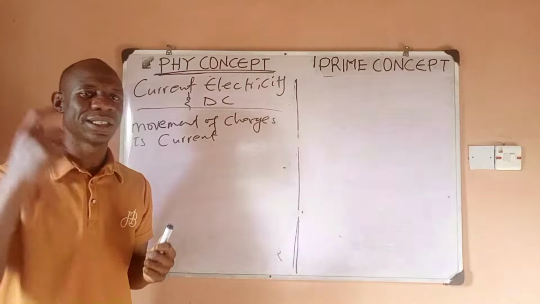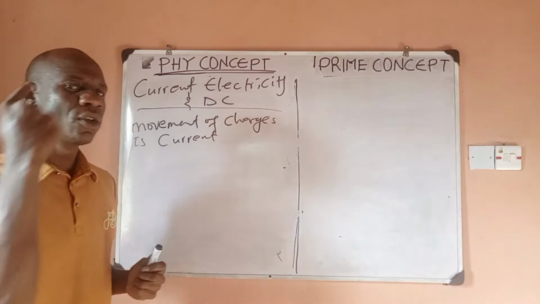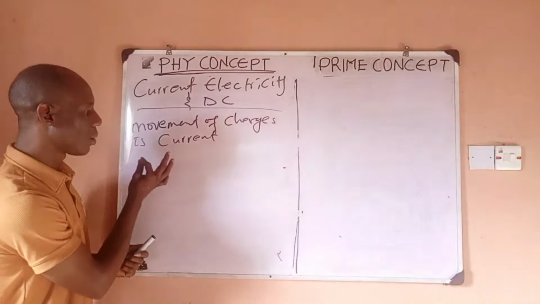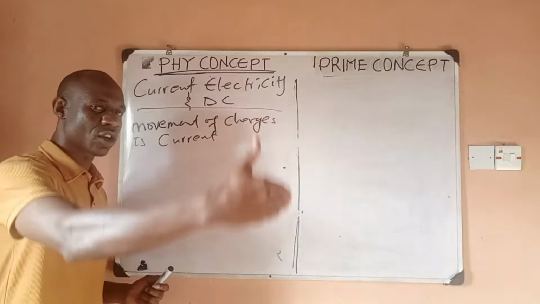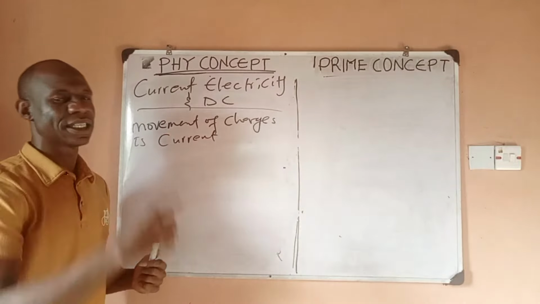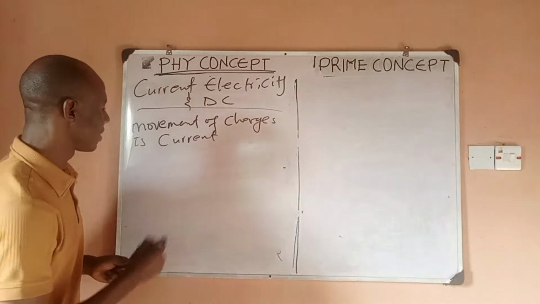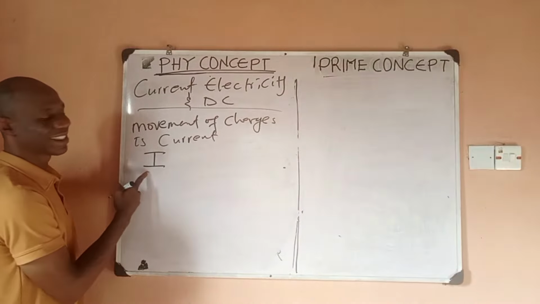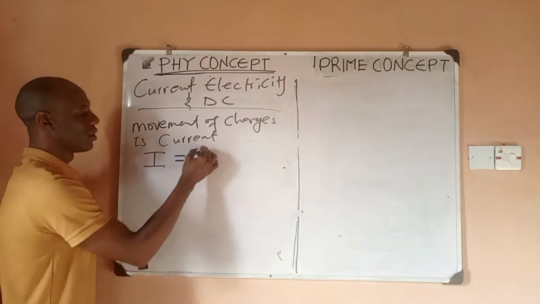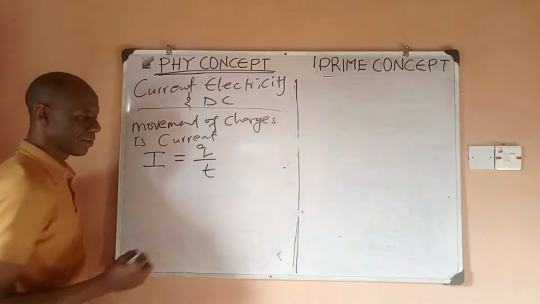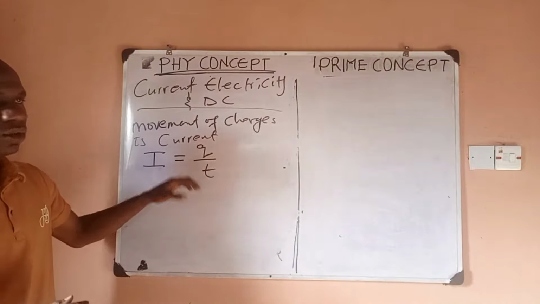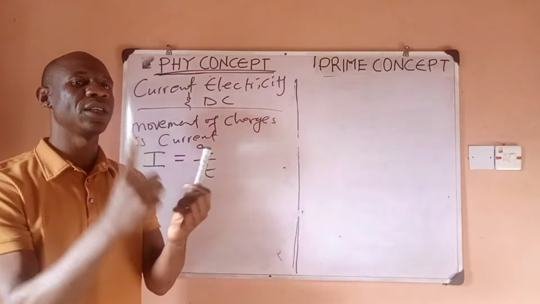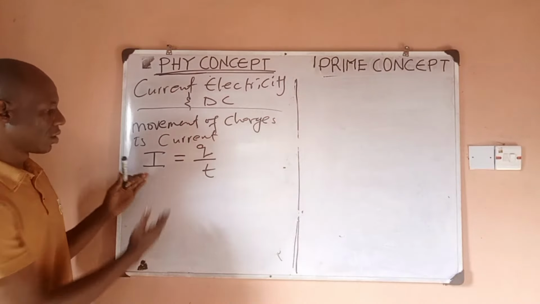So electric current is the charge that flows through a unit area per second. That is current: the number of charges flowing through a cross section of a wire per second. Now, an electric current is denoted by the symbol I and is given by the relation Q over T. I is Q over T. So current is the number of charges flowing through a cross-sectional area of a wire in 1 second. So this is the formula.